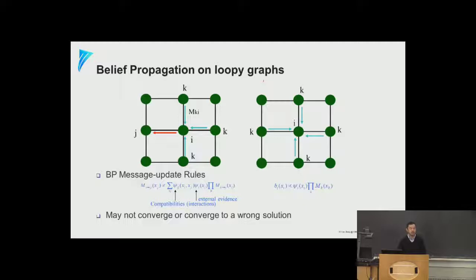All these tree stories were discovered alongside the practice by theoreticians, but practitioners very often don't care. They say there is nothing preventing me from running this algorithm as it is on any graph. I'm just going to run message passing on it, regardless of whether there is a loop or not.